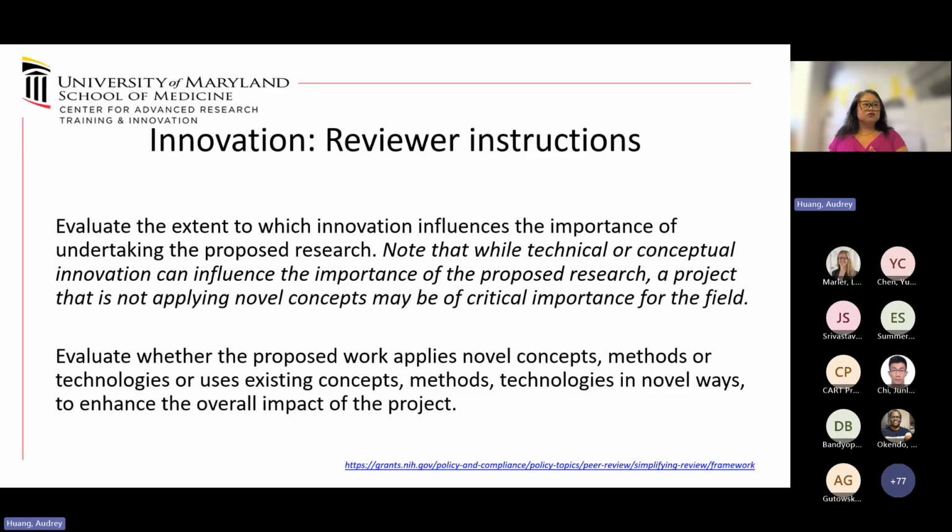So reviewer instructions for innovation. The extent, now this is tricky, the extent to which innovation influences the importance of undertaking the proposed research. People struggle with innovation a lot. So you don't have to go inventing new technologies just to answer a common question.